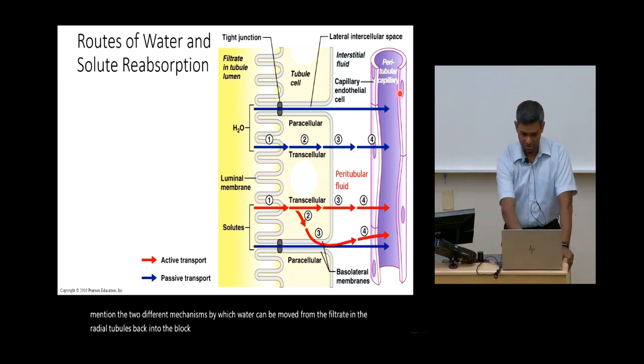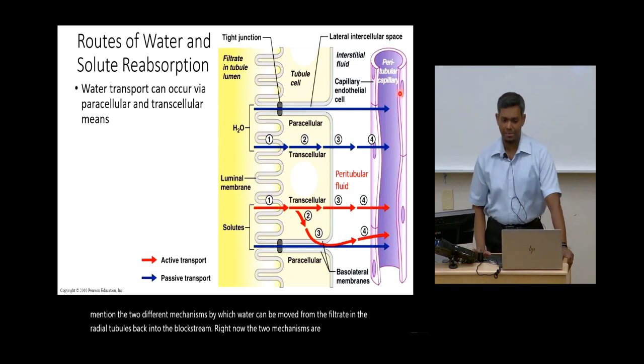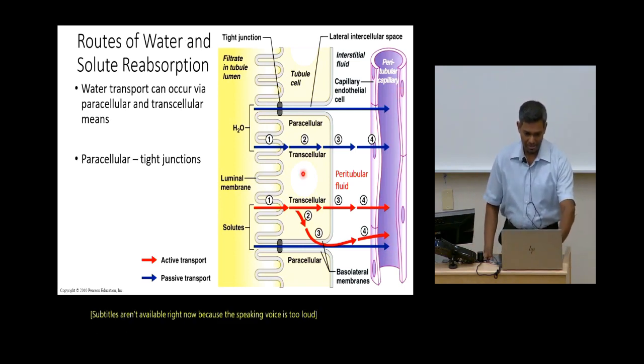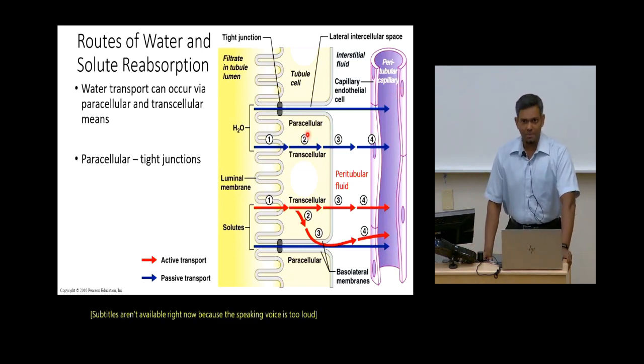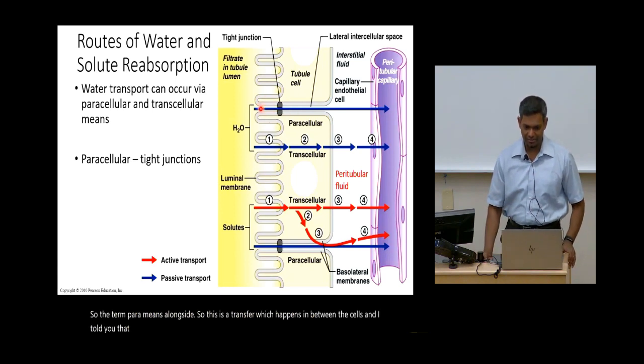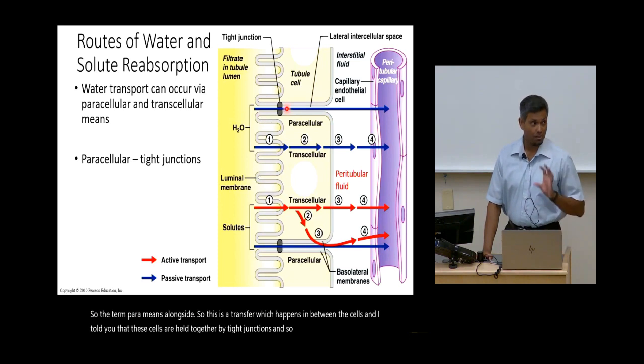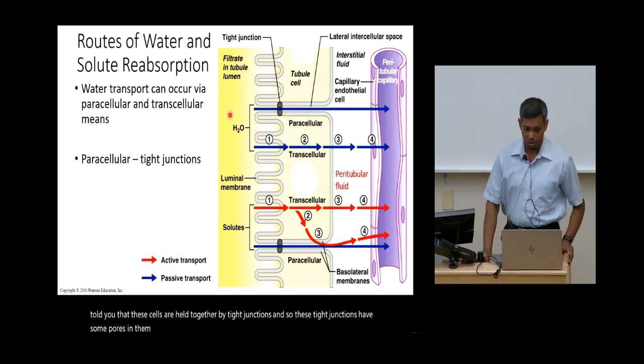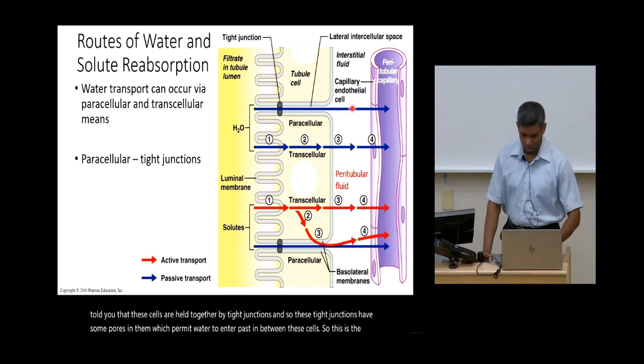Right now, the 2 mechanisms are the transport can happen either through paracellular transport. So the term para means alongside. So this is a transport which happens in between the cells, and I told you that these cells are held together by tight junctions, and so these tight junctions have some pores in them which permit water to enter past in between these cells. So this is the paracellular transport.